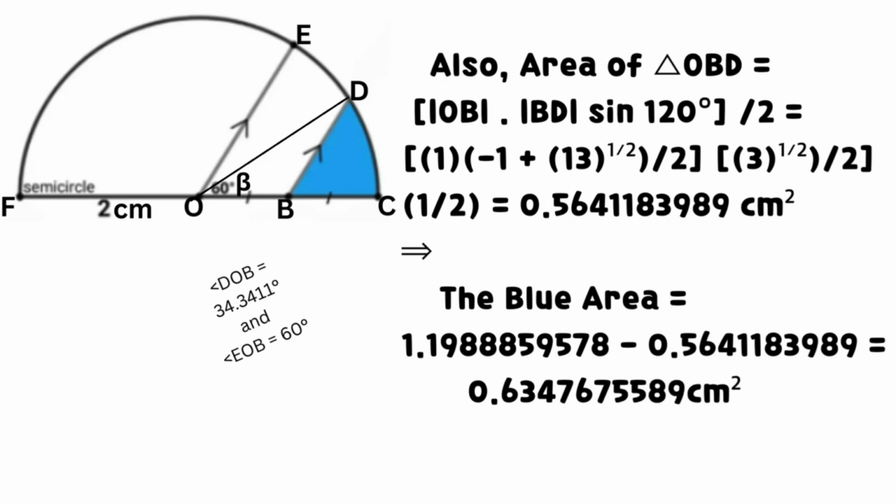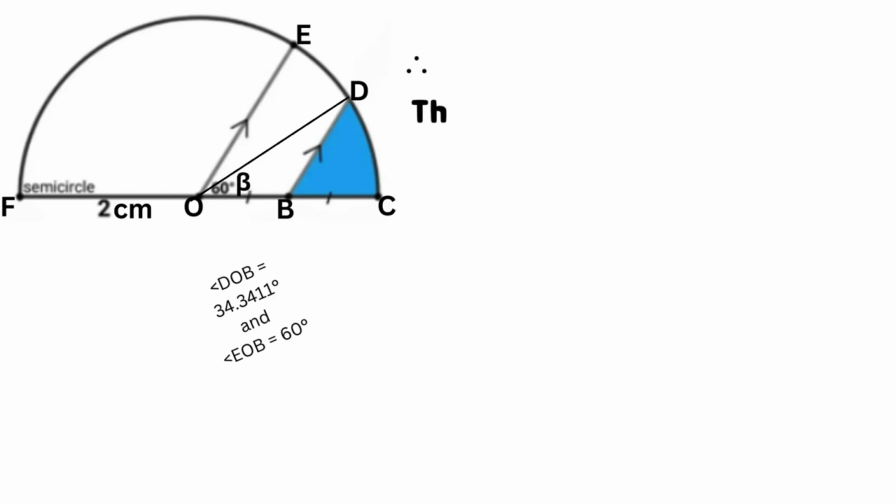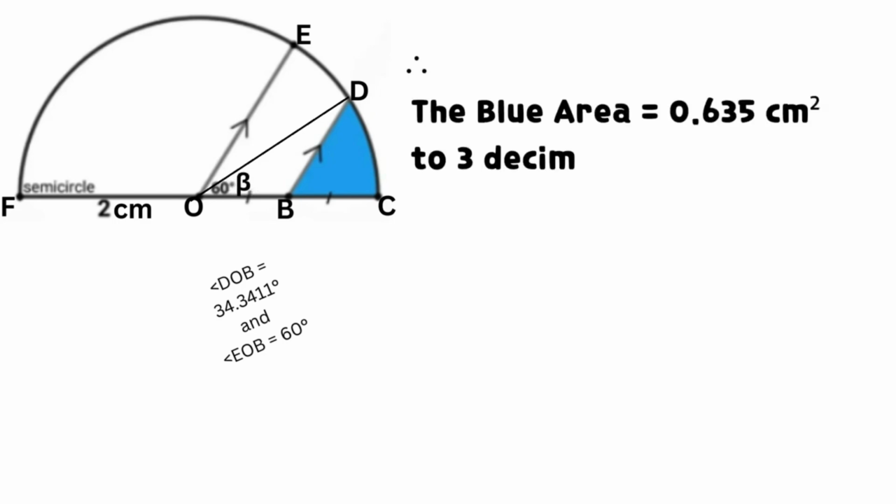Therefore, the blue area equals 1.19888859578 minus 0.564118398 as shown. Therefore, the blue area equals 0.635 square centimeters to 3 decimal places.